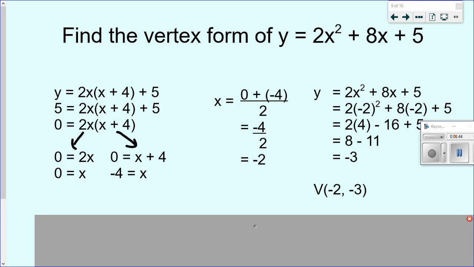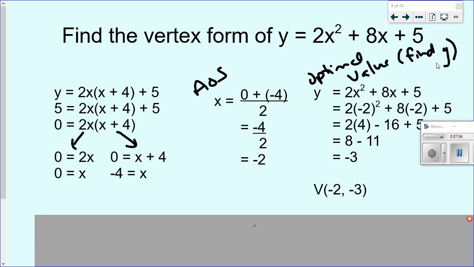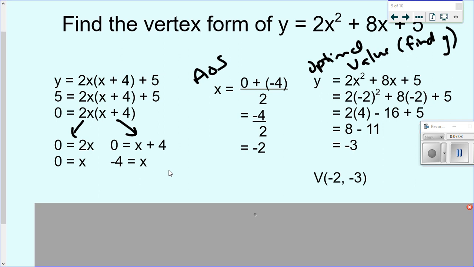It just makes the math easier afterwards. Find your axis of symmetry, optimal value, find y, which gives us our vertex.